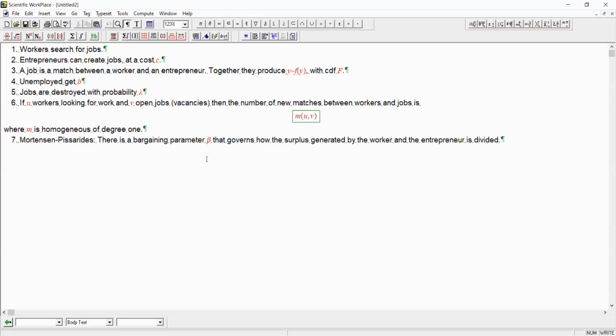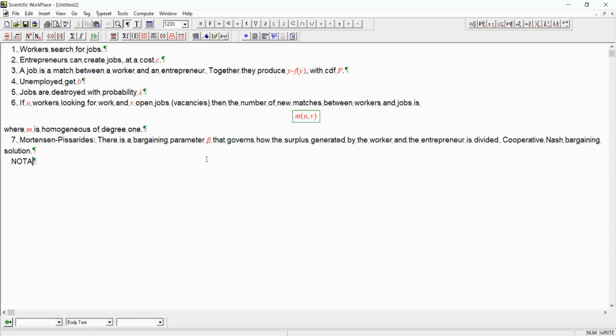We'll look at that in detail later on, but to cut a long story short, what we're going to do is impose the cooperative Nash bargaining solution. And if you haven't come across that before, that's okay. We'll get to it soon enough.